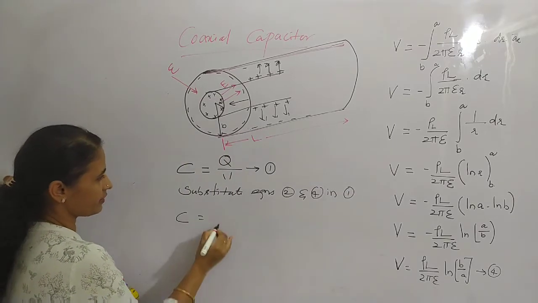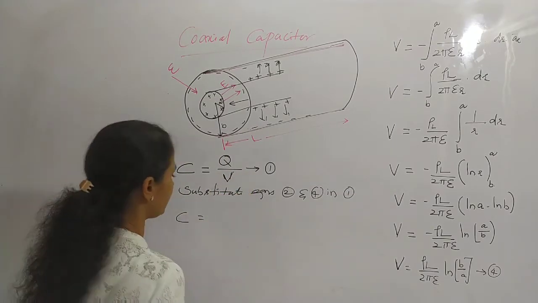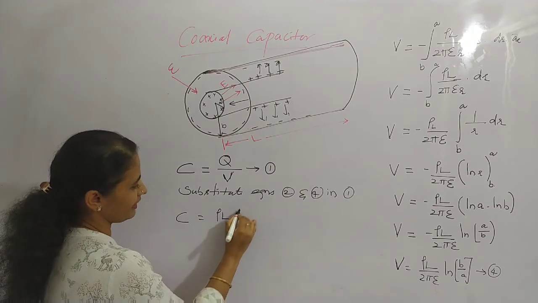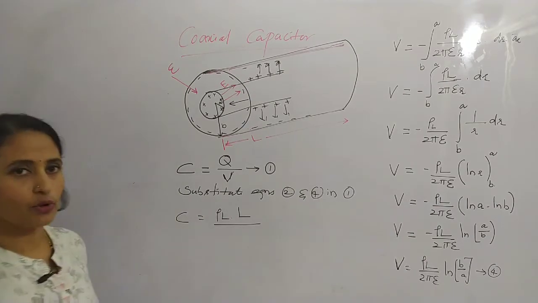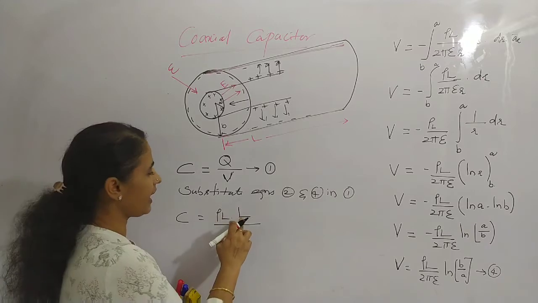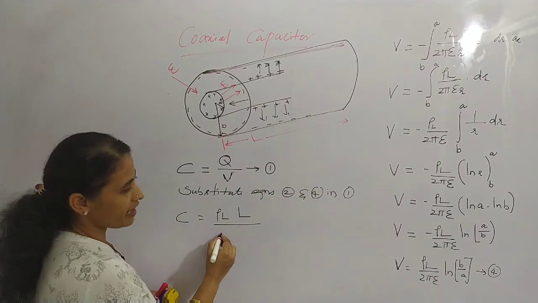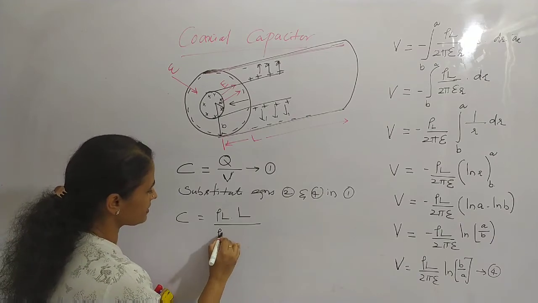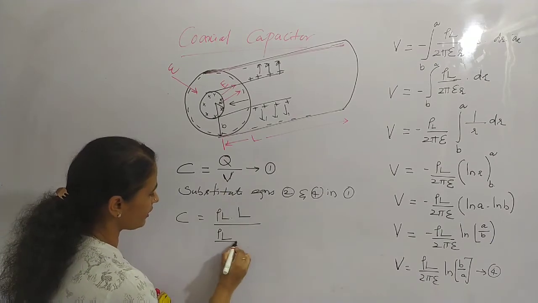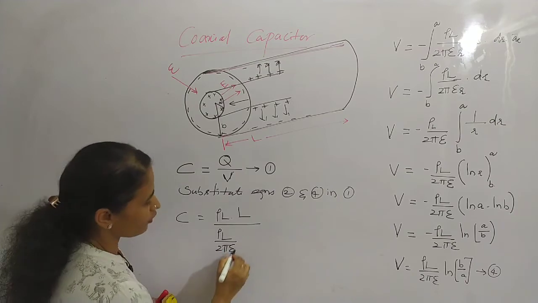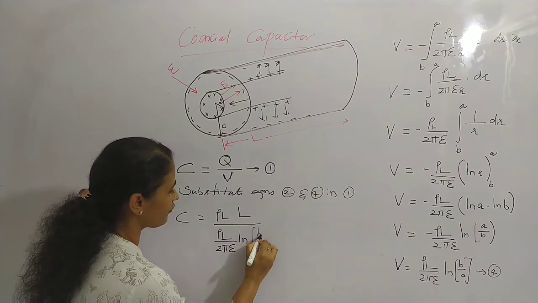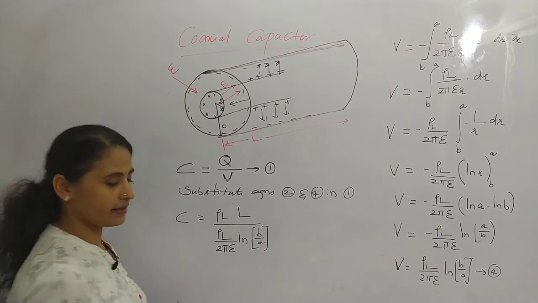So C is given by, the Q is written as rho_L into L, where rho_L is a line charge density and L is the length of the coaxial capacitor or the coaxial conductor, and here V is rho_L by 2 pi epsilon log of b by a.